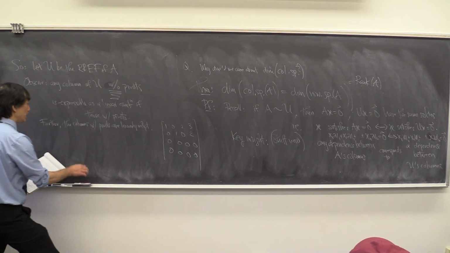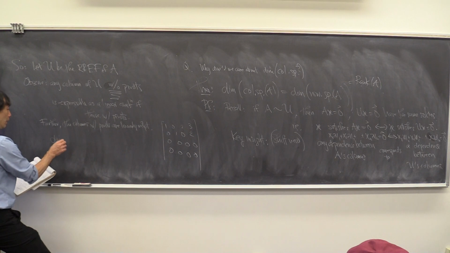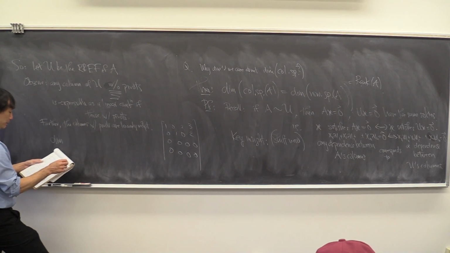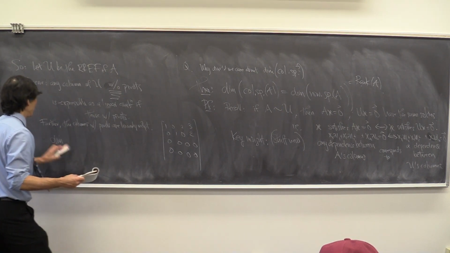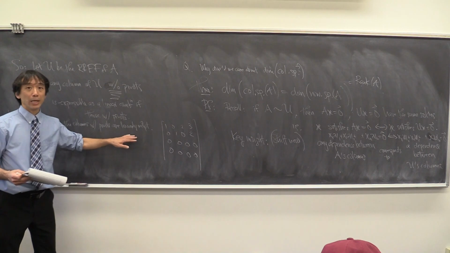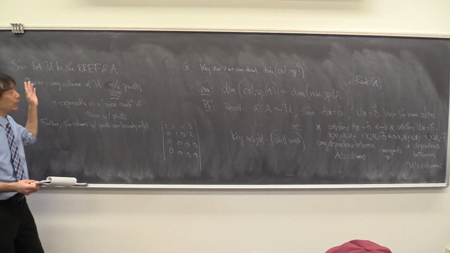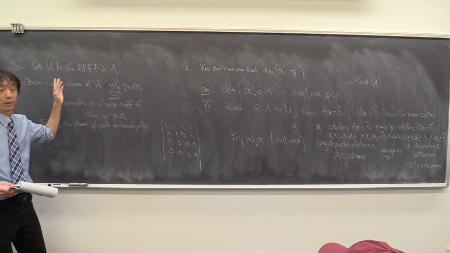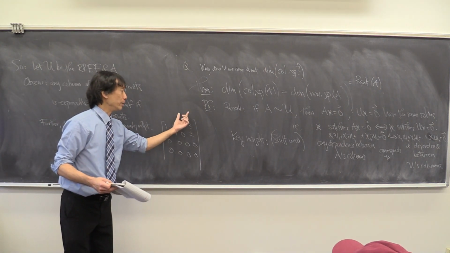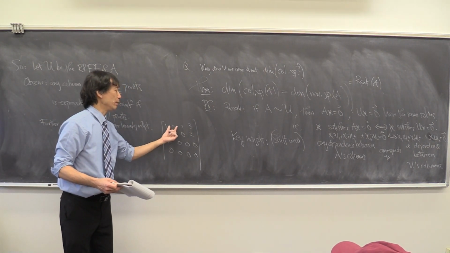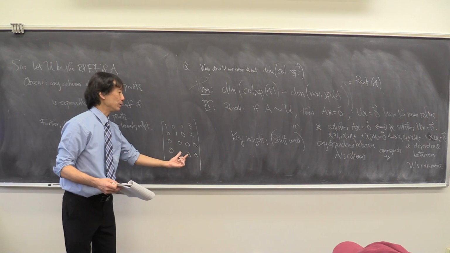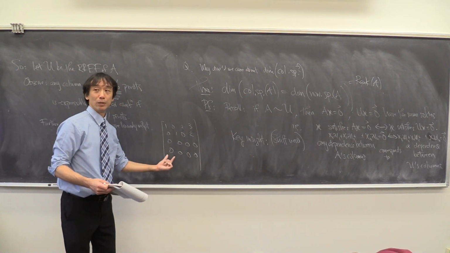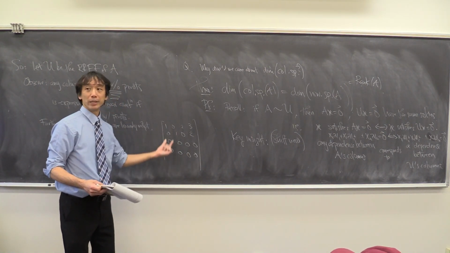So what does that tell you? That tells you that in the original matrix, the same thing holds: the last two columns are in the span of the first two columns, and the first two columns are linearly independent.